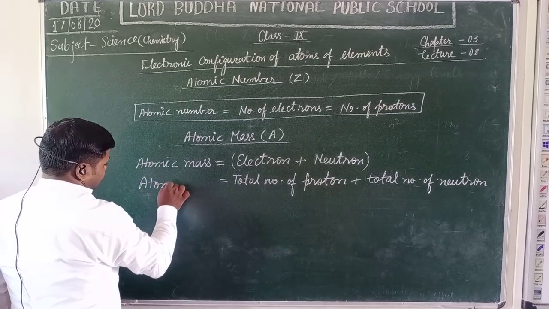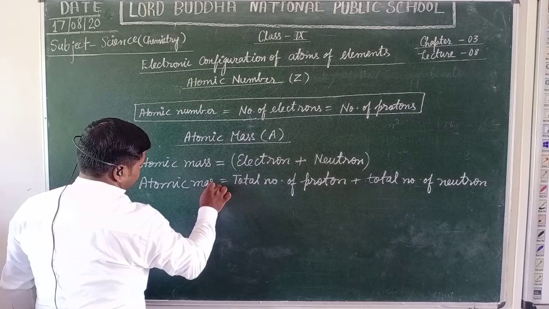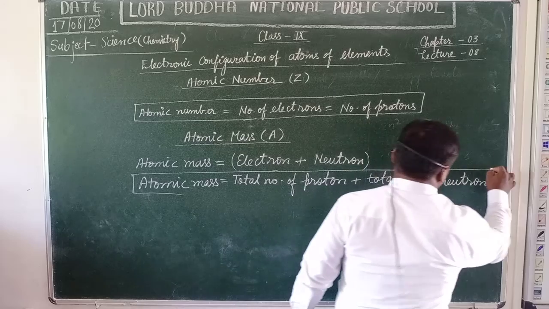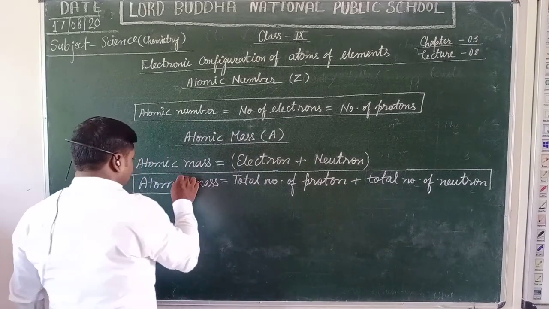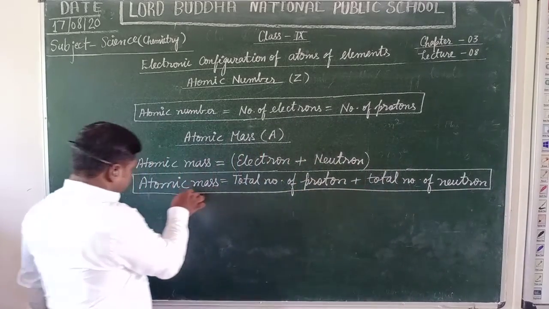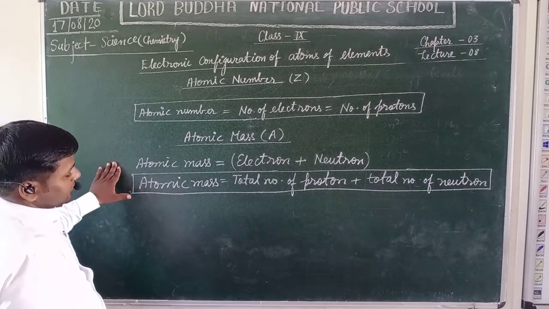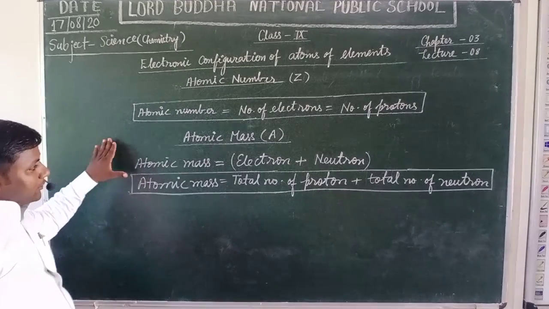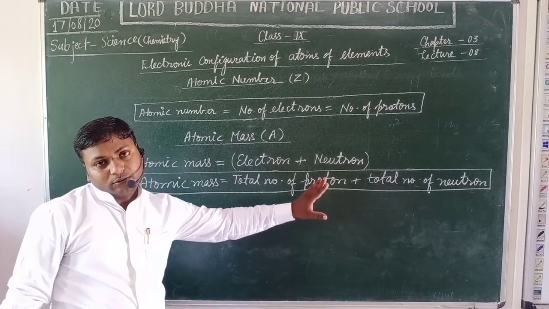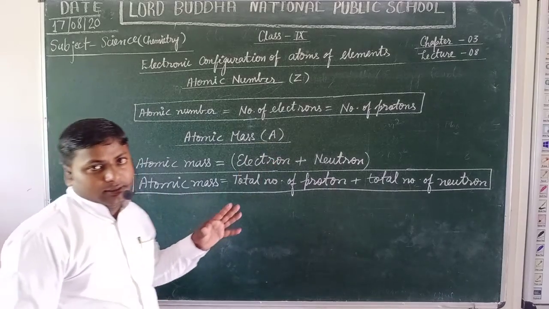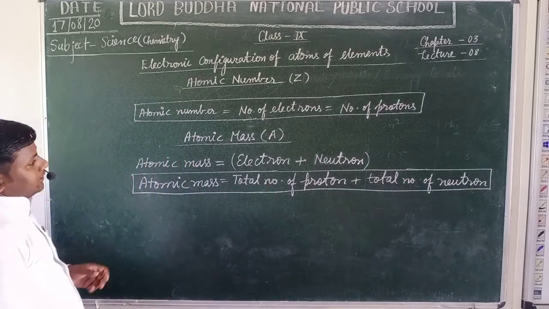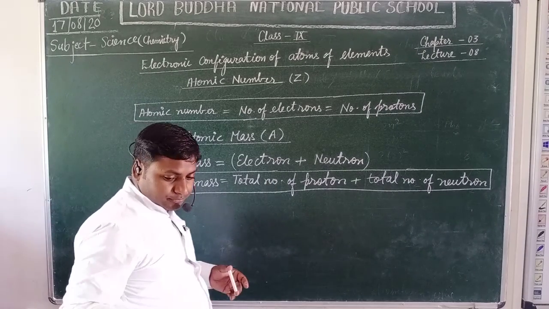Previously it was also called atomic number, but it is not correct to say that, hence it is known as atomic mass. Thus, students, atomic mass may be defined as the total number of protons and neutrons present in the nucleus of an atom of an element.